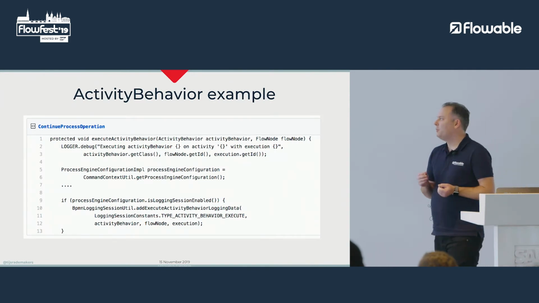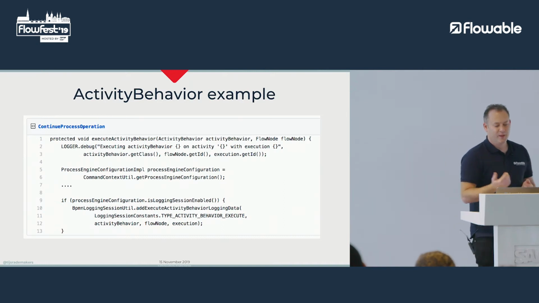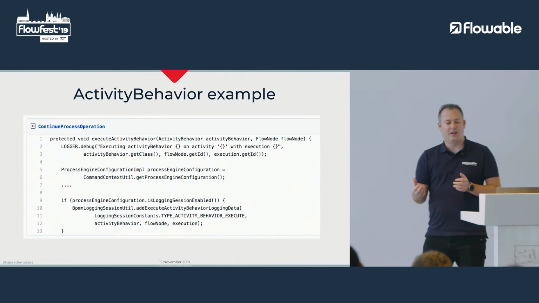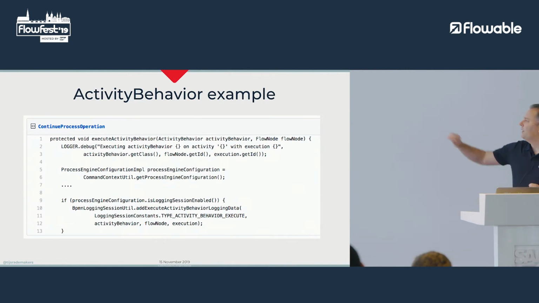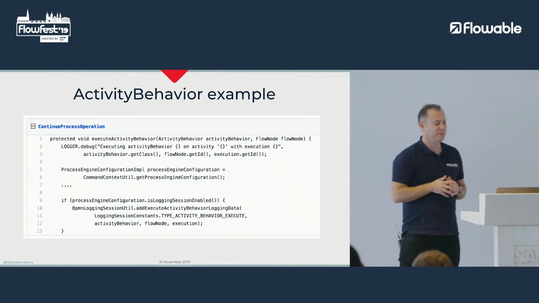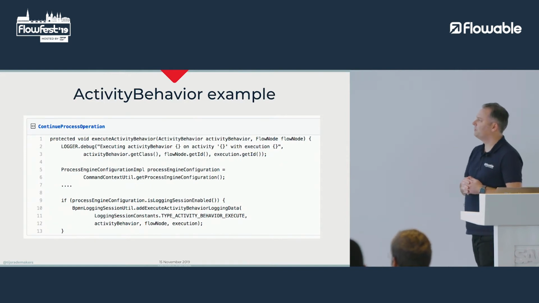And just as an example, in the continue process operation, which is a class that helps to execute a process instance in the BPMN engine, here you can see that we check if the logging session is enabled at the bottom. And so you can turn on and off this feature.